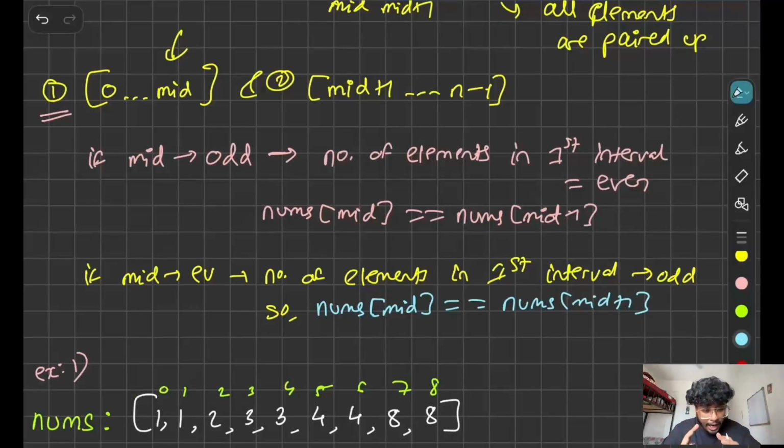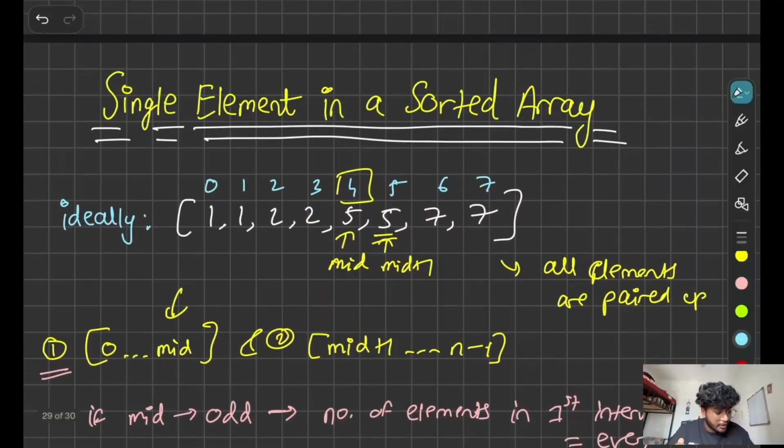So this is the ideal case scenario. You can consider the cases yourself. And why are we doing this? We can explore through an actual example, but this is the ideal case. You should understand where my mid is and where its pair should lie based on the parity of mid.